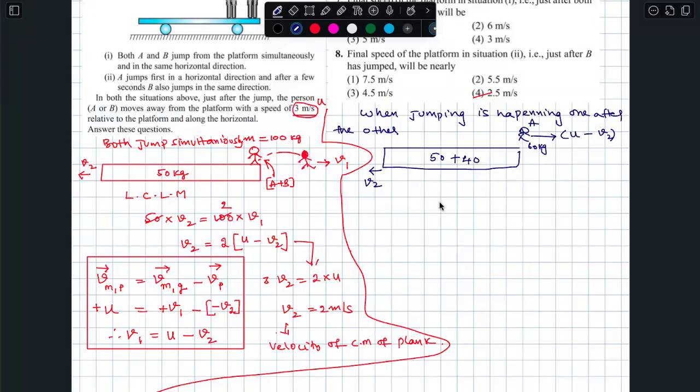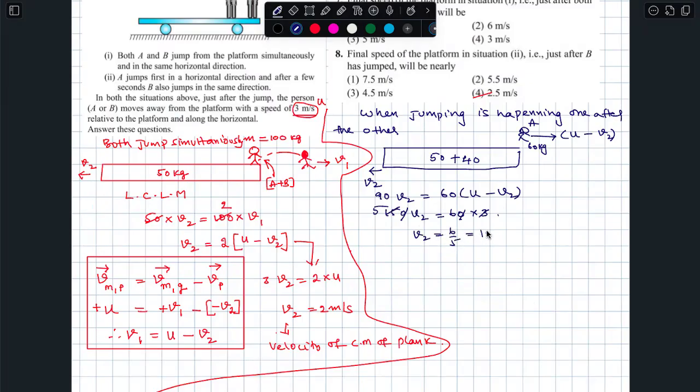So this is the situation. So 90 times V2 is equal to 60 times (U minus V2). This will become 150 V2 is equal to 60 times 3, so V2 is 6 by 5.